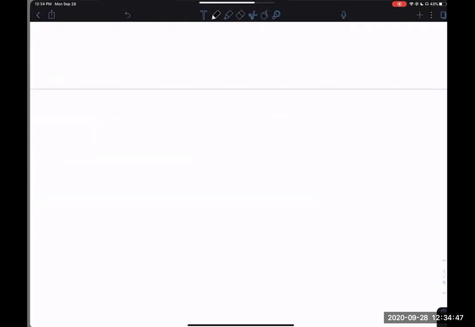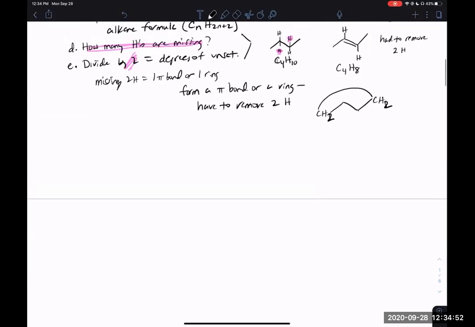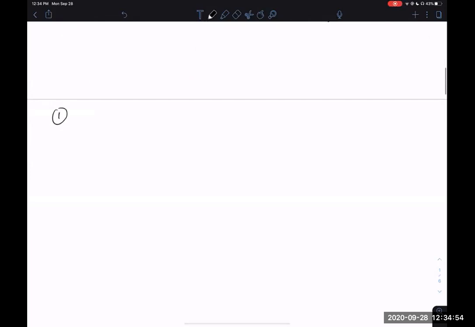Our first one is if you're lucky and you have just carbons and hydrogens. So call that number 1. Your formula is carbons and hydrogens only. This is easy because there's no adjustment. You can just compare directly.